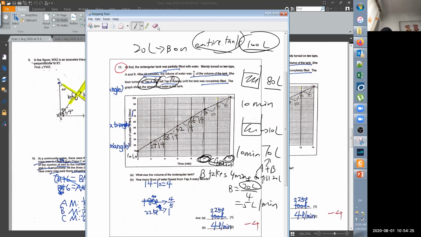Yeah, because can you see the statement? It says B takes 4 minutes to fill 20. So I just take 20 divided by 4. That's it. So that is the rate.